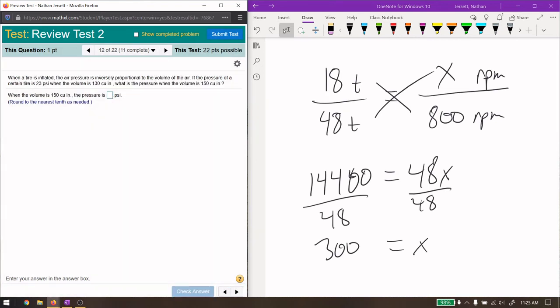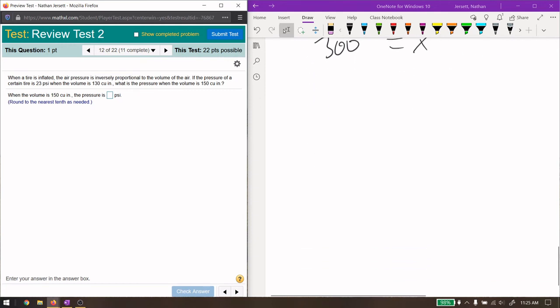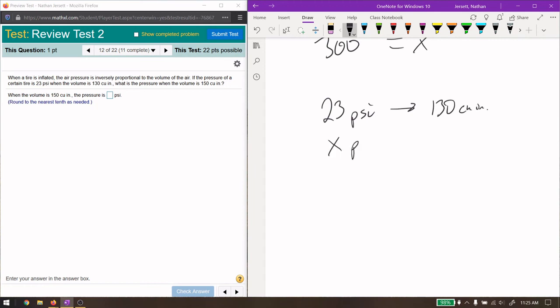All right. When a tire is inflated, the air pressure is inversely proportional. So we know this one directly is an inverse variation. Air pressure is inversely proportional to the volume of the air. Okay, if the pressure of a certain tire is 23 psi when the volume is 130 cubic inches, what is the pressure when it is 150 cubic inches?